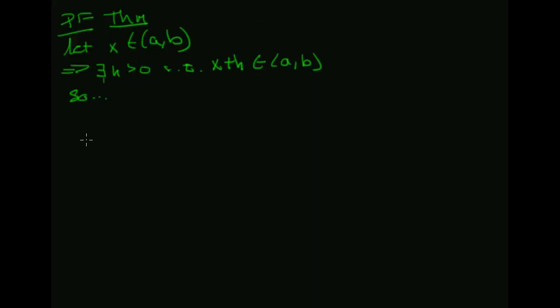What we want to work with here is g of x plus h minus g of x. Remember from our assumptions that g of x is the integral function, so g of x is the integral from a to x of f of t dt.